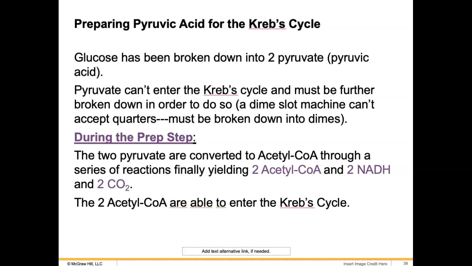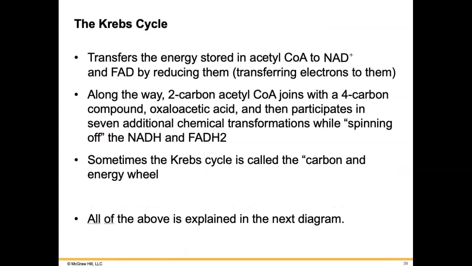So what have we made? We've made 2 acetyl-CoA, 2 NADH, and 2 CO2s. The Krebs cycle transfers the energy stored in acetyl-CoA to NAD+ and FAD by reducing them, transferring electrons to them.